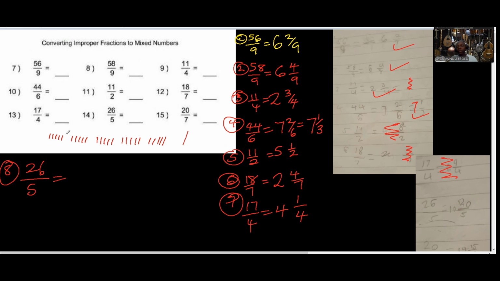I've counted them in 5s: 1, 2, 3, 4, 5. So how many 5s are there?